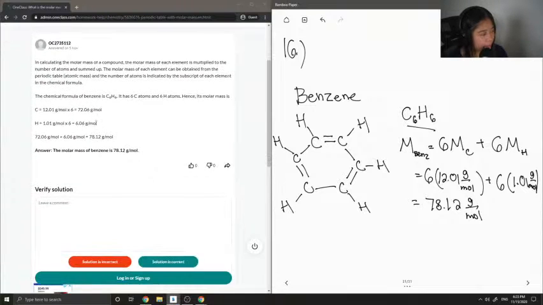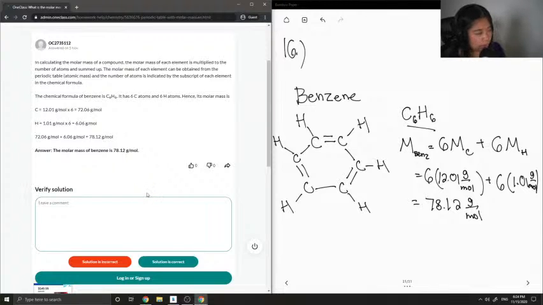Chemical formula for benzene is C6H6, 6 carbons, 6 hydrogens, hence its molar mass is C 12.01 times 6 gives you 72.06. For hydrogen, 1.01 times 6 gives 6.06. Okay, so they added those values up and also got 78.12. Okay, so I can verify that this solution is correct.